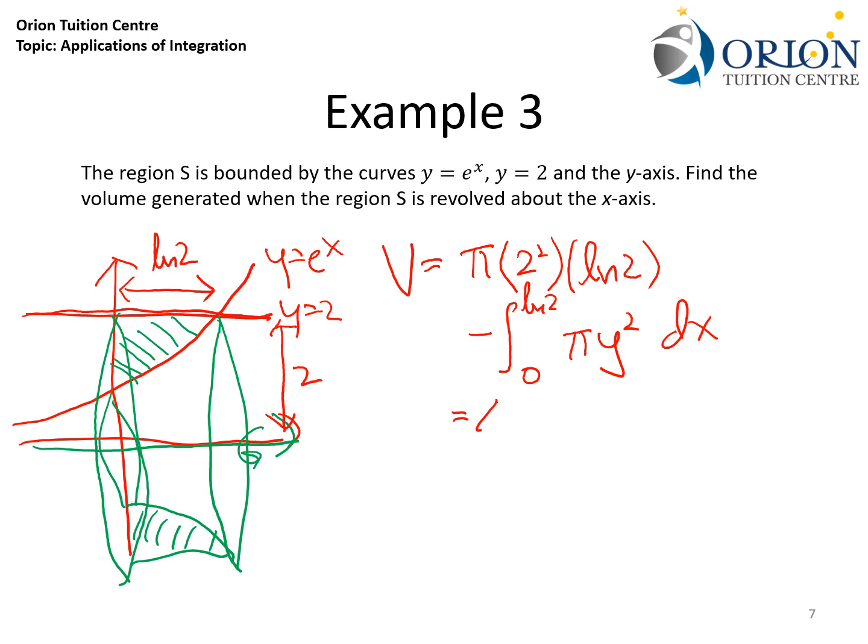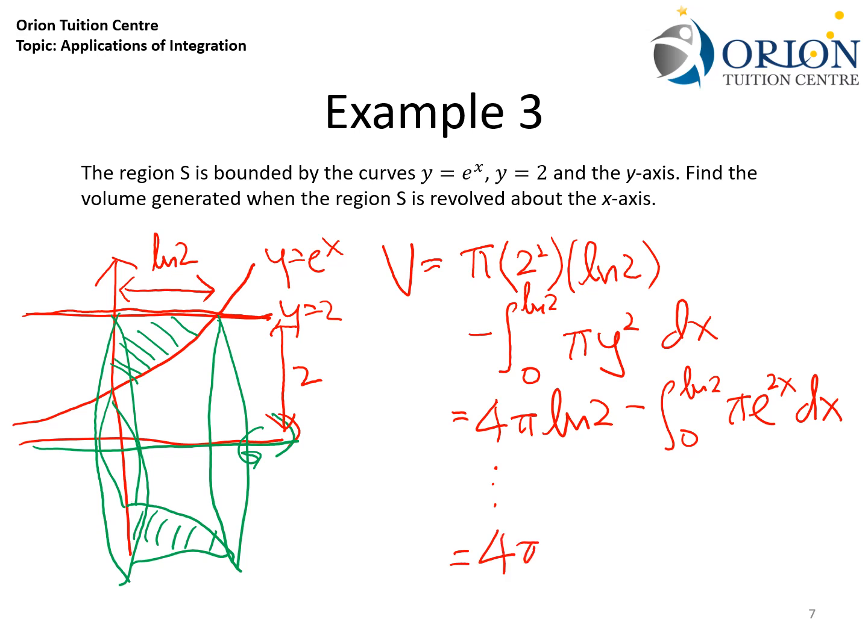And if we simplify, we will get 4 pi ln 2 minus integrating 0 to ln 2 of pi e to the power of 2x dx. And we can solve this integration pretty easily to eventually arrive at 4 pi ln 2 minus 3 over 2 pi units cubed. And that's it.